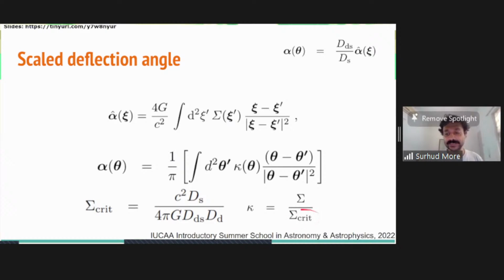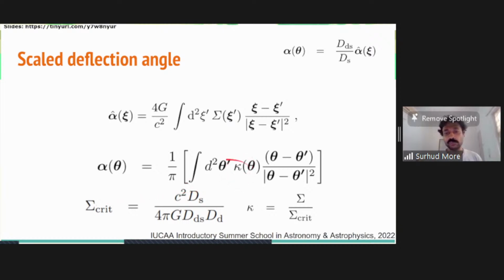And this is the critical surface density, which is just made up of some constants. There is the speed of light, G, and then the distance to the source, the distance between the lens and the source, and the distance to the lens. So these are just geometrical factors which make up the critical surface density.